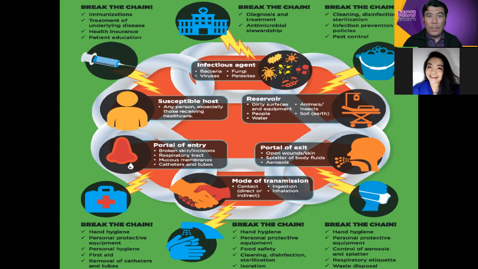So an example of COVID-19: the infectious agent is SARS-CoV-2. Before, in Wuhan, we considered that the infectious agent is carried by the reservoir, bats. And the bats' portal of exit is the saliva. From the portal of exit, the mode of transmission was indirect contact.